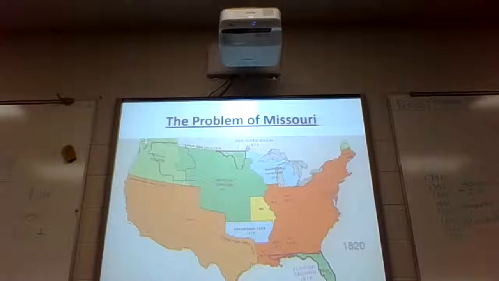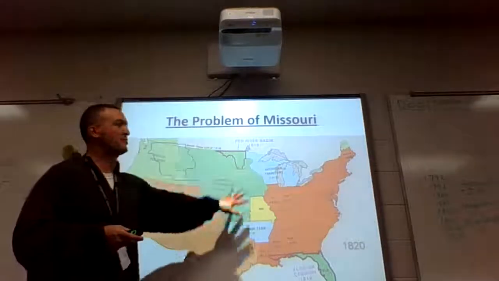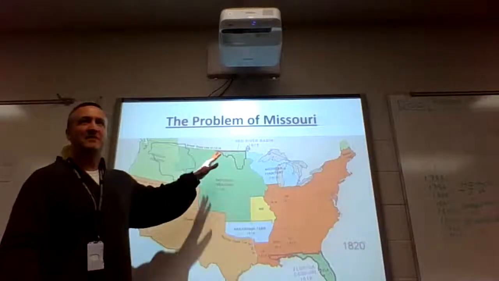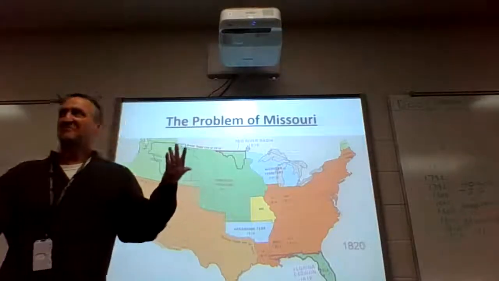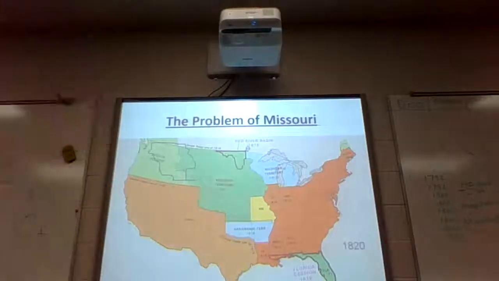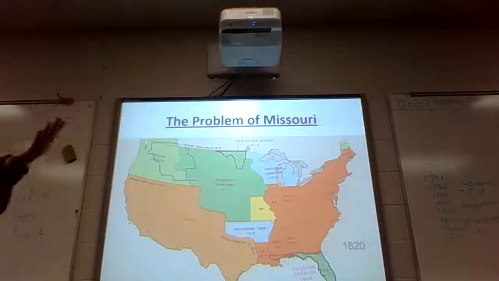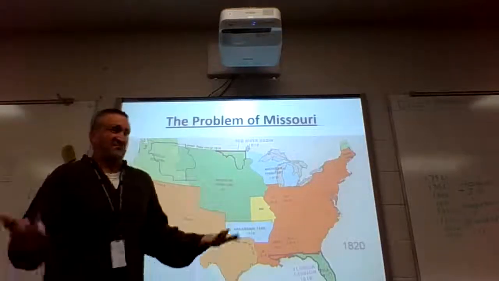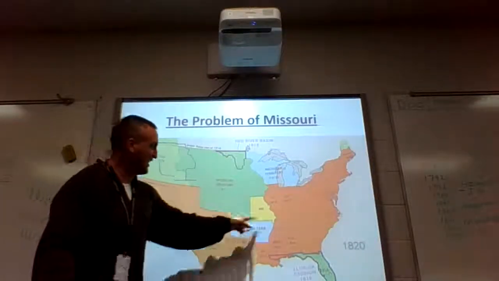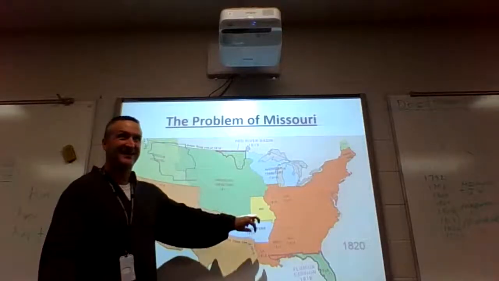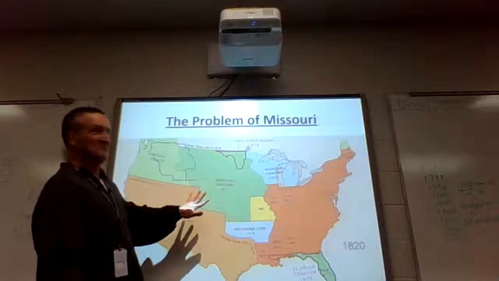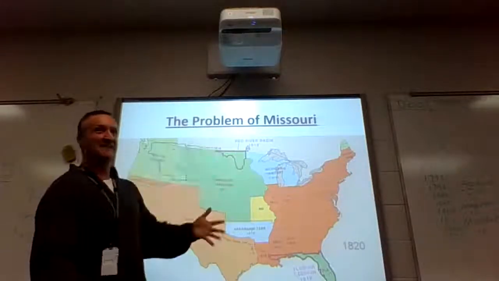Nobody. Everybody. Well, how many states could you create in this green glob? A lot. How many states could you create in this? Hard. I mean, you could just make them smaller. Exactly! Very good. This is why Southerners looked and said, there's nothing that says this has to be one state. They could create a bunch of little ones. Dakota or whatever.